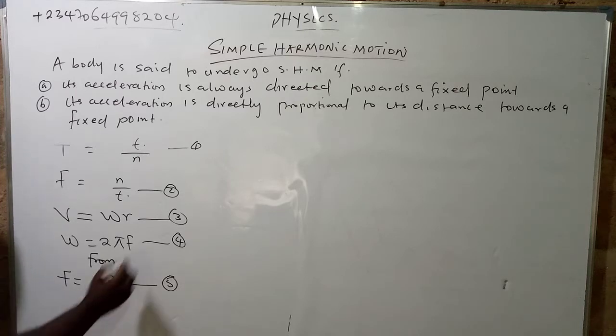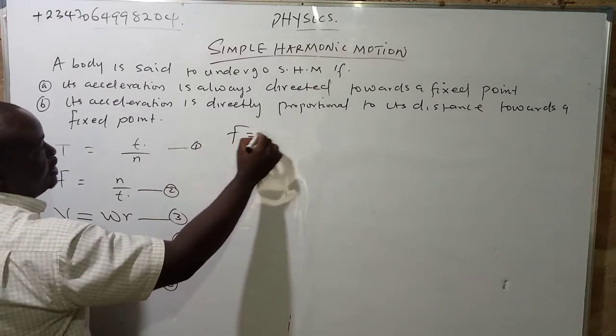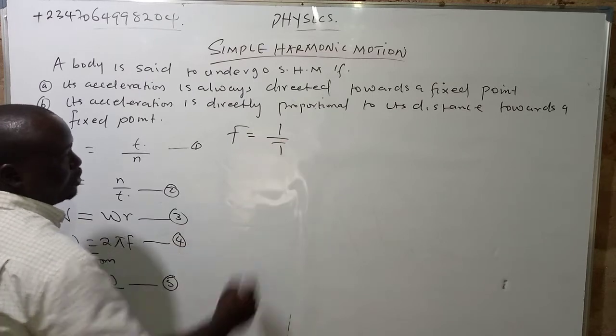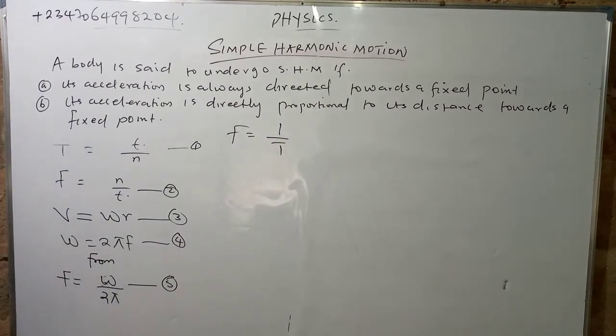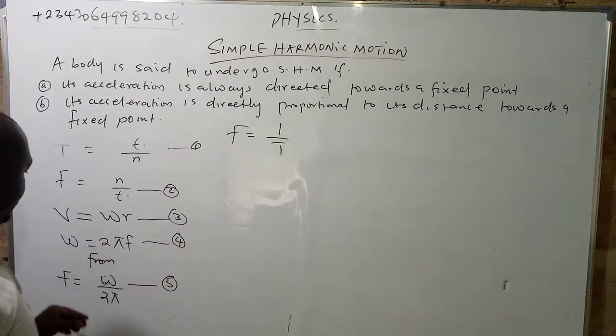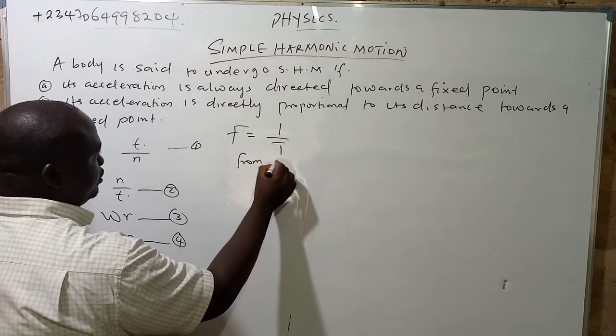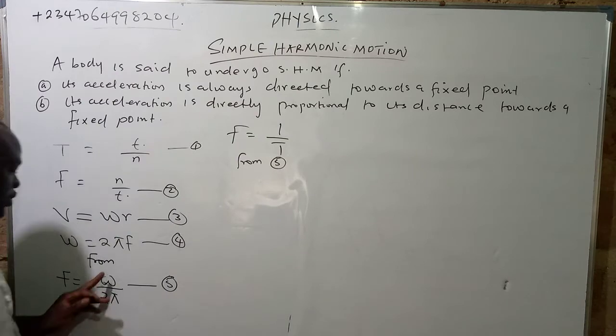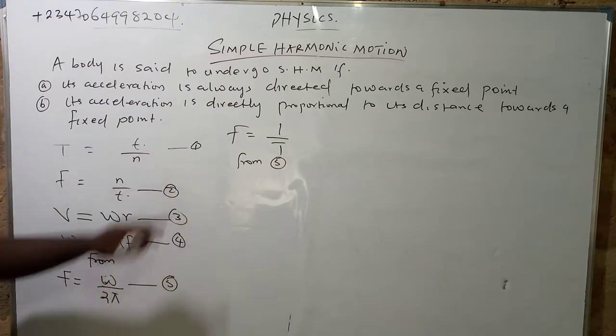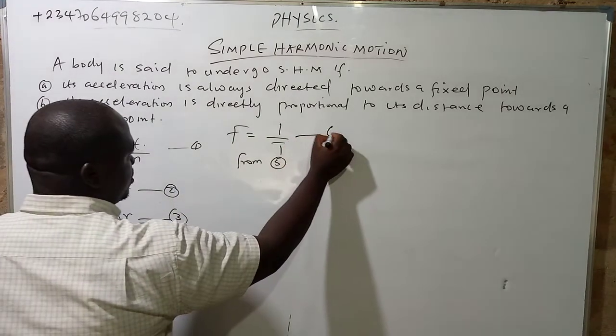But note that frequency is 1 over period. That's why another SI unit of frequency is per second, because it's 1 over period. And so from equation 5, f is equal to W over 2 pi, and this is equation 6.